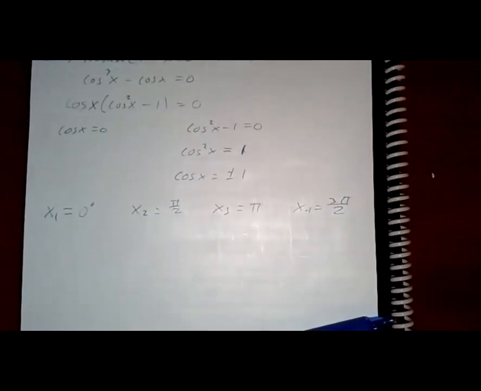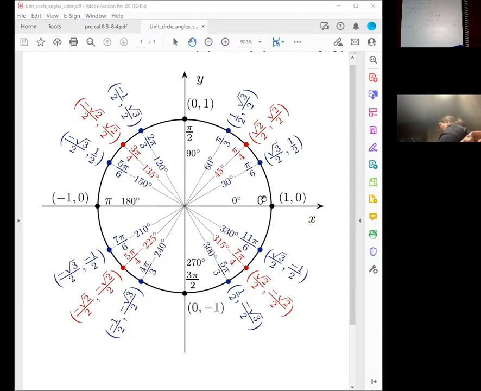Now, if you're wondering where those numbers came from, look at your circle. Cosine is 1 here, cosine is 0 there, cosine is -1 here, cosine is 0 there. So those are my 4 locations: 0, pi over 2, pi, 3 pi over 2. And it starts to repeat.